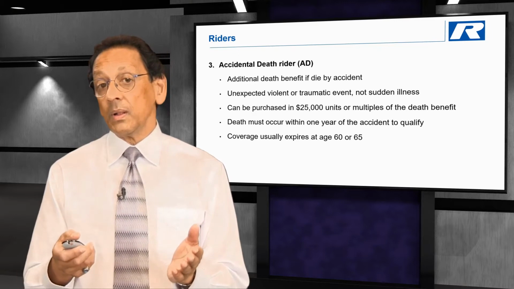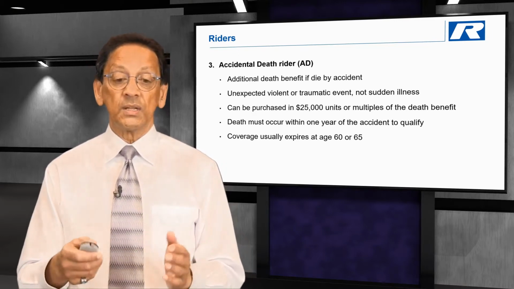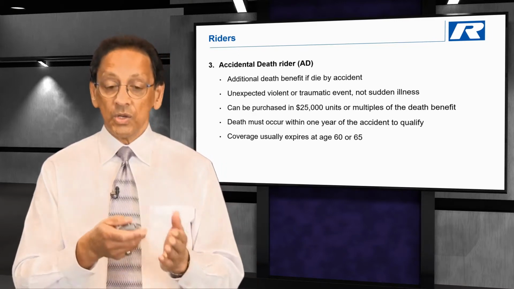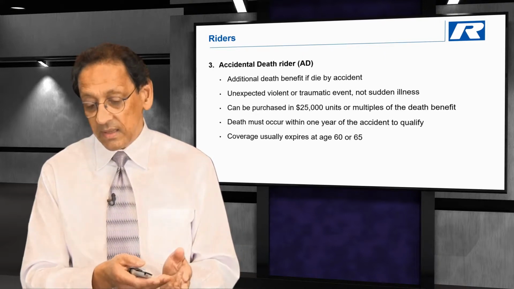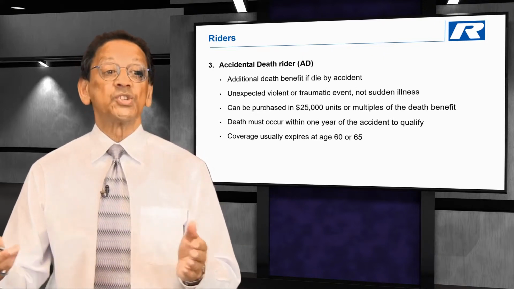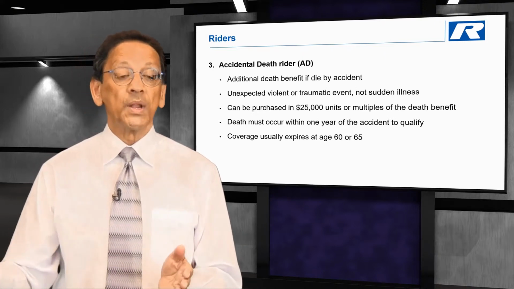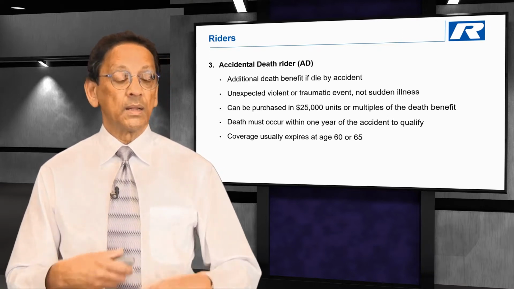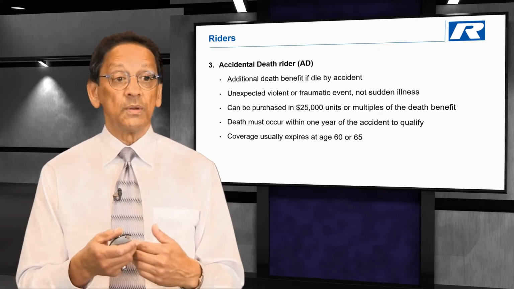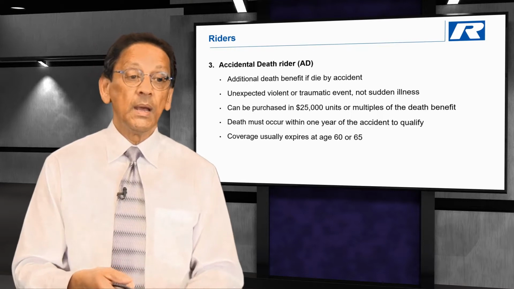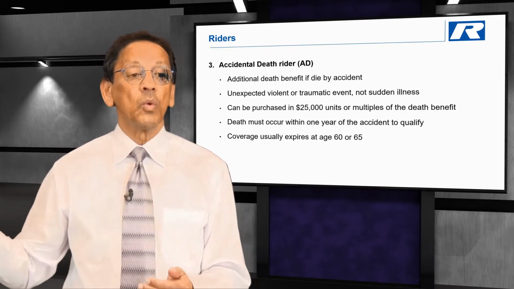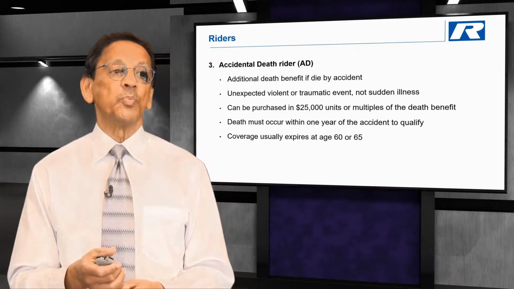So a lot of people have a situation where you may be in an accident and in fact you're still alive, you're in hospital, but if you do not survive up to 1 year, then the accidental death benefit will be paid, but if you survive beyond 1 year, then the accidental death benefit no longer applies.